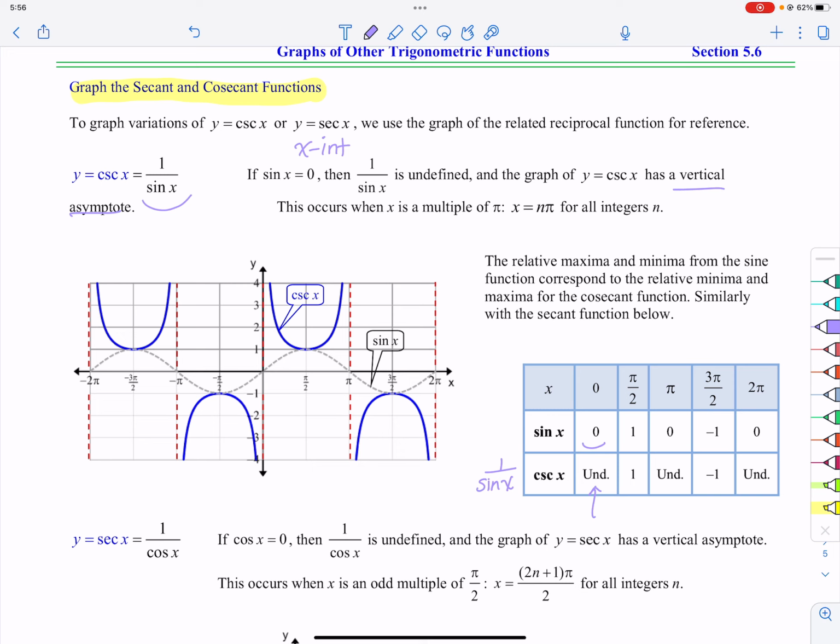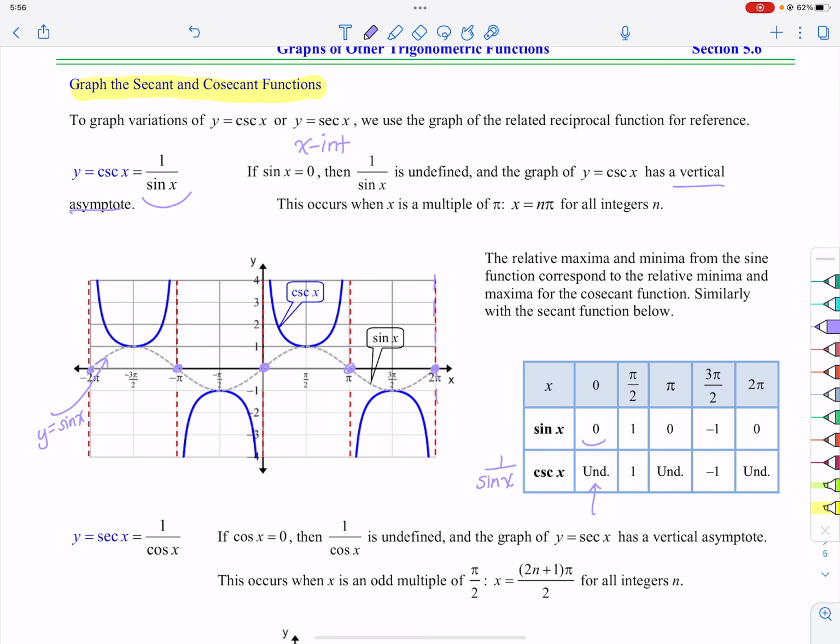This gray graph here, this is y equal to the sine of x. So if you note that y equal to the sine of x has a 0 at negative pi, 0, pi, and so forth, 2 pi. What do you notice? That's where the cosecant of x has vertical asymptotes.